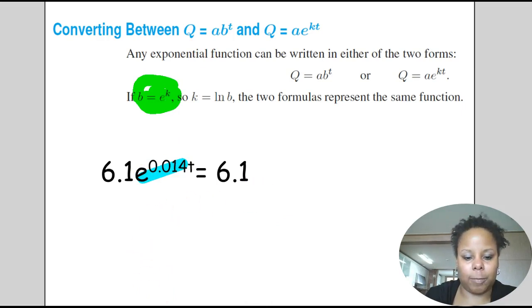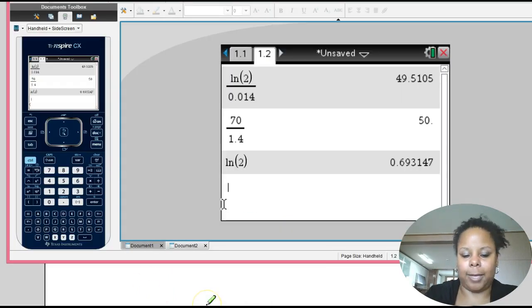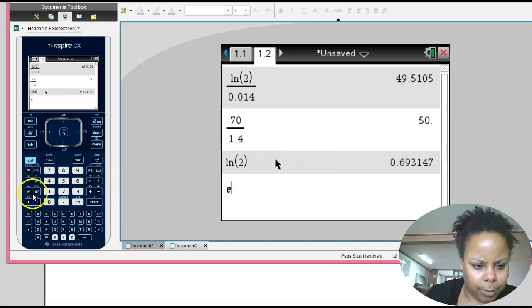And so I go over here to my calculator and compute e to the 0.014, using the e there. Or I could use this function up here too.